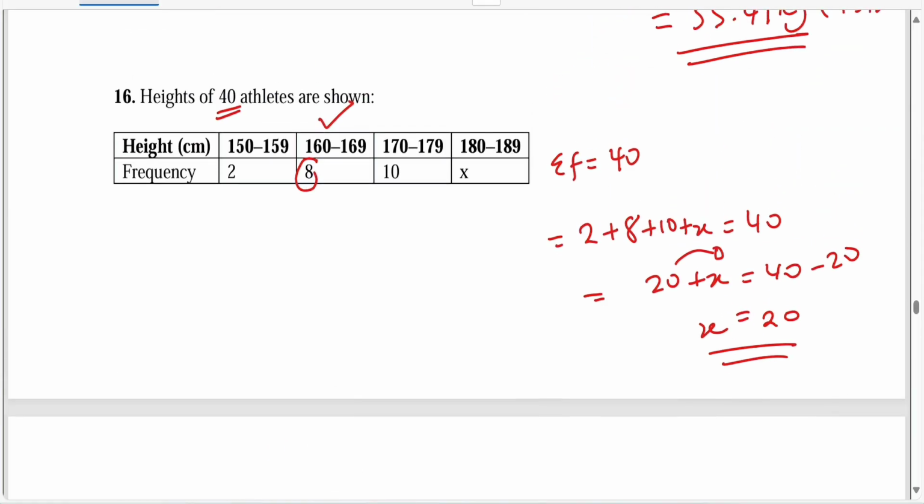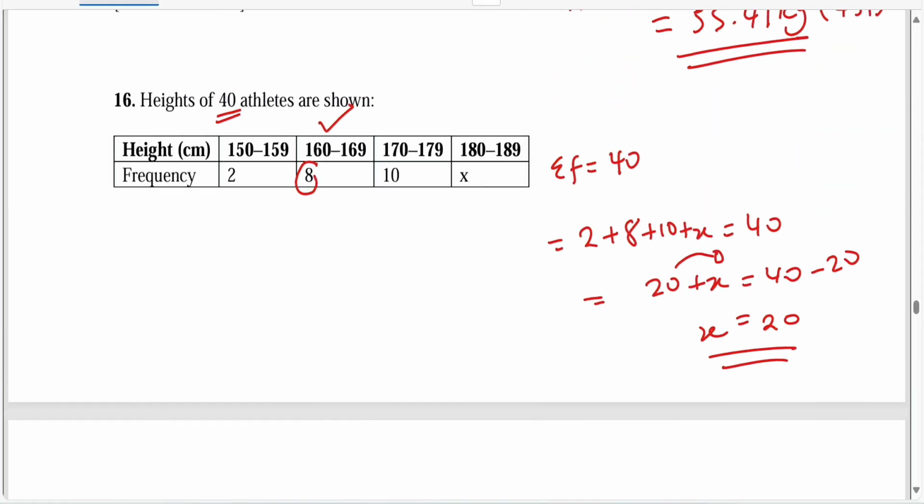Now for us to calculate the mean height, it means that we need to write down our midpoint, which is our x in this case. So our midpoint from 150 to 159 is how much? 150 plus 159 divided by 2 is 154.5.